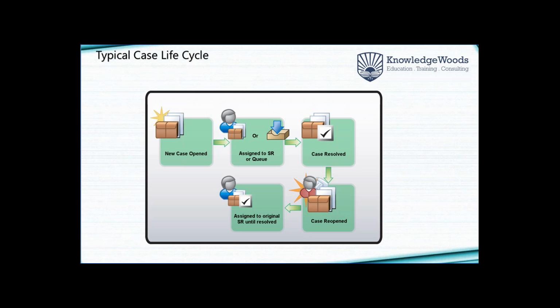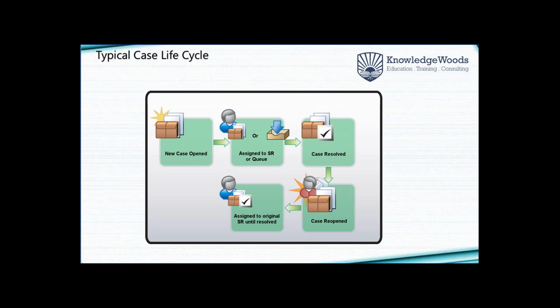Then the typical case life cycle. First a case is opened, then it's assigned to a service representative or a queue depending upon the workflow you have defined, or you can assign it manually as well. Then you work on the case, communicate with the customer, provide a resolution, and proceed to resolve the case.